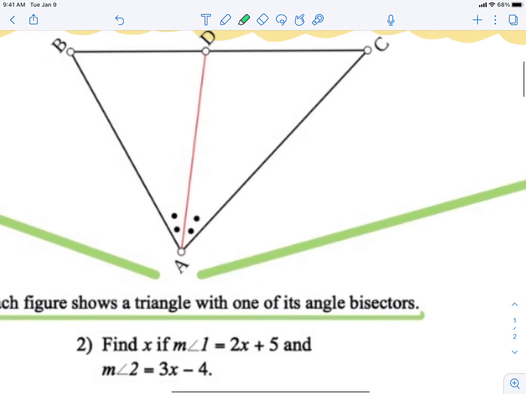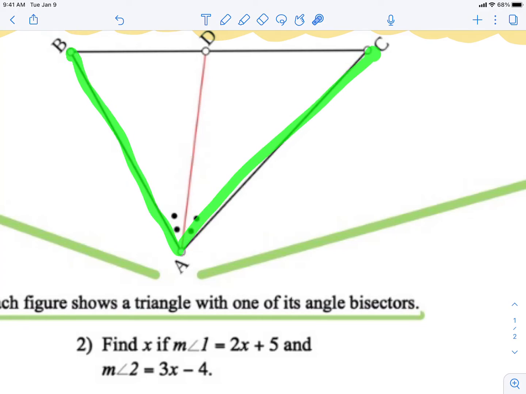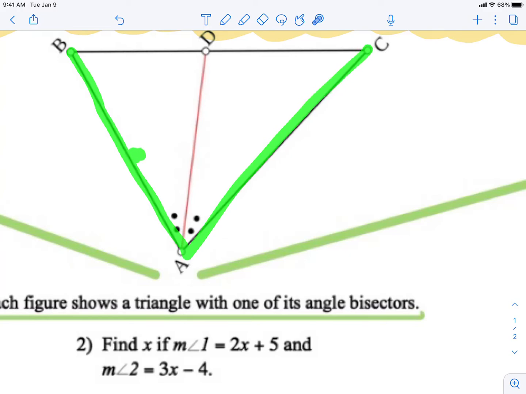What they're saying here is that this segment, this red line that goes down the middle, is splitting this angle A into two equal parts. This was angle A, or angle BAC, this whole thing right here.